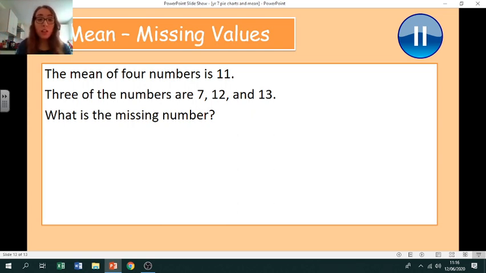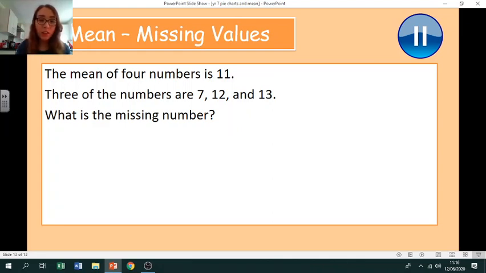If we had a mean of 11 with 4 numbers, think about what those 4 numbers had to add up to. We added them up and then divided it by how many there are. So we divided it by 4 to get 11. So have a go, see if you've worked it out.